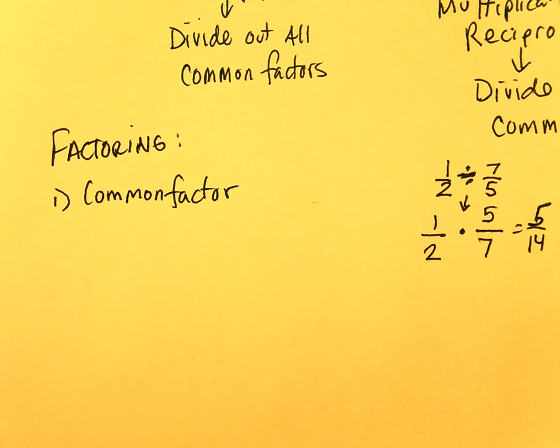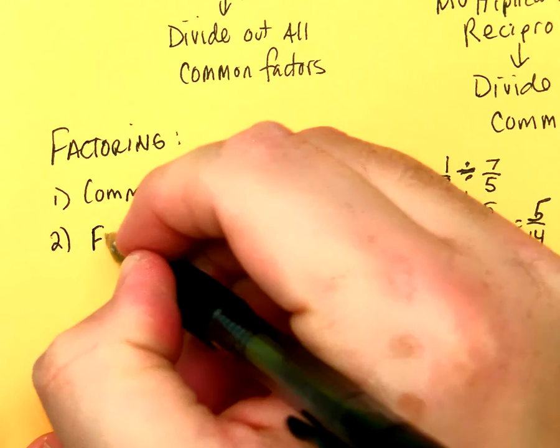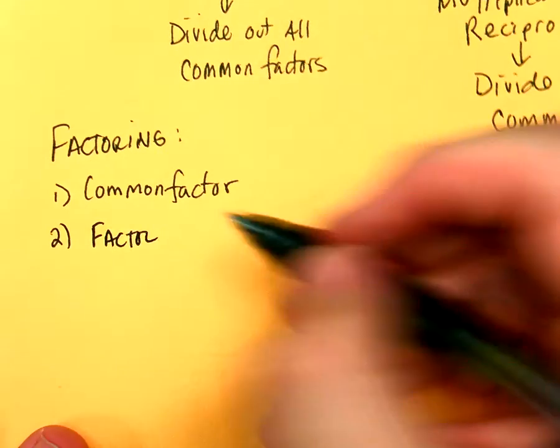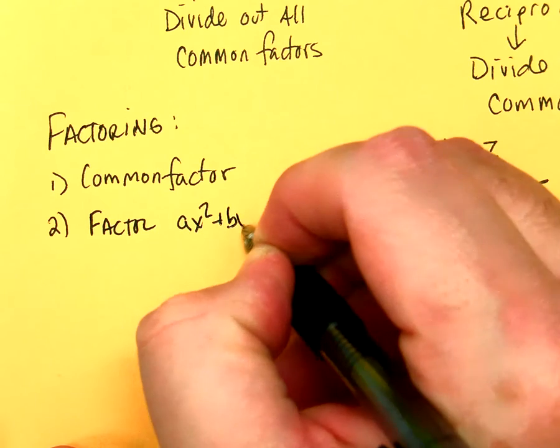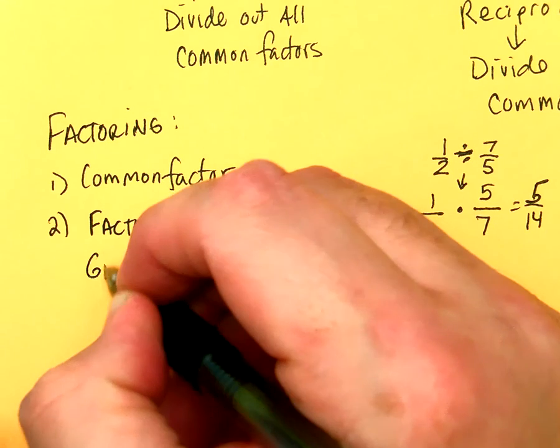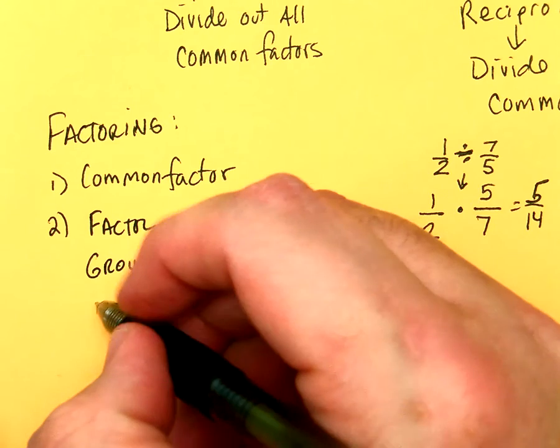Alright, so factor out a common factor first. You might have to factor ax squared plus bx plus c. You might have to do grouping. Difference of squares.